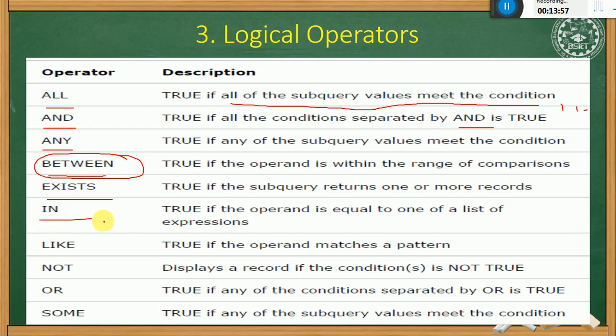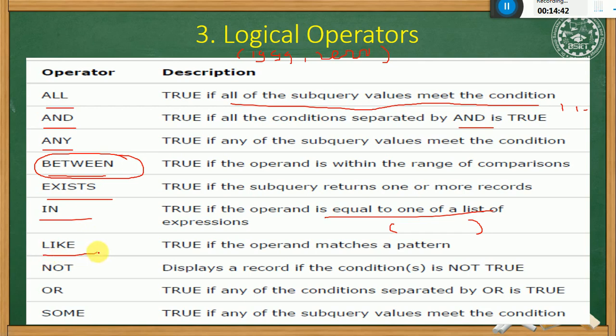So in is the operator which is used to match equal values in a list of specific expressions. For example, select star from student where birth date is in, and then we have a range, 1999, 2000. So it will display all the records having the birth date in 1999 and 2000.